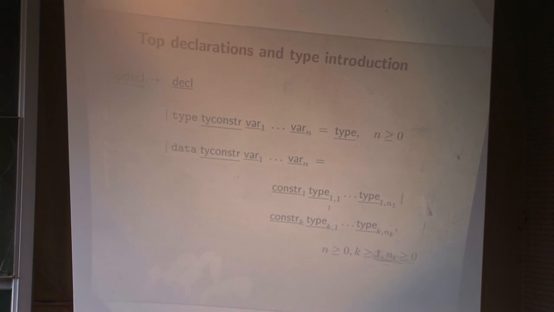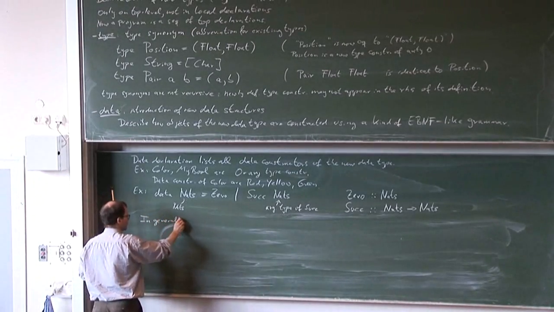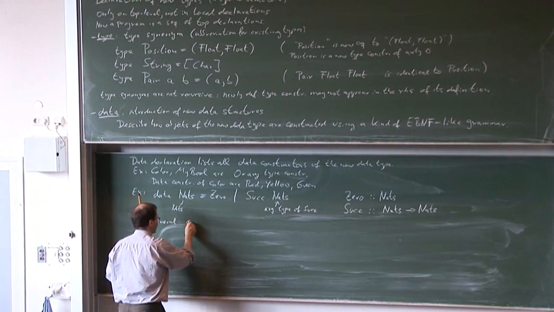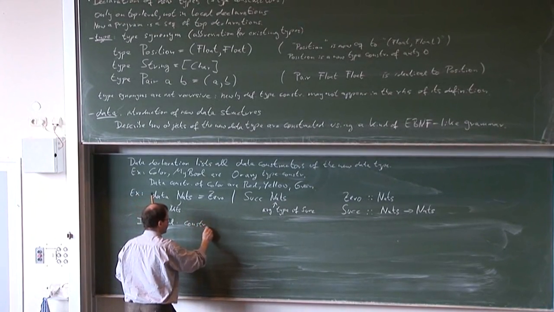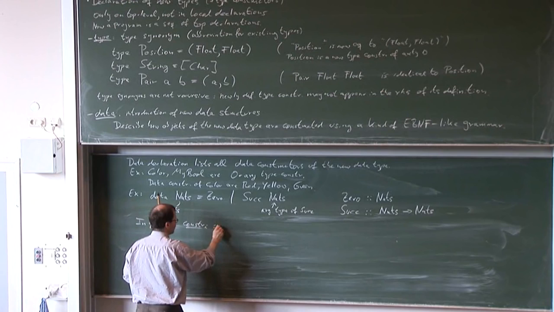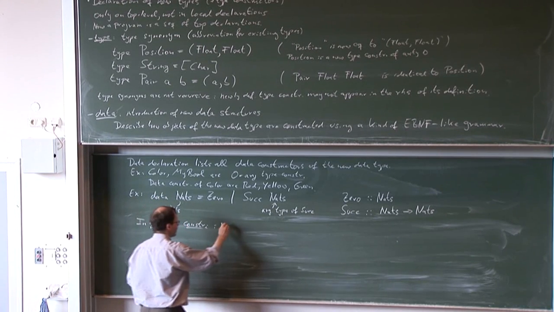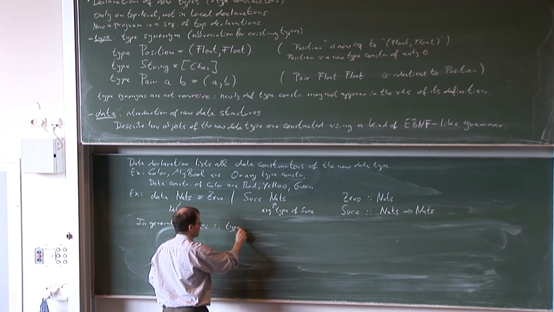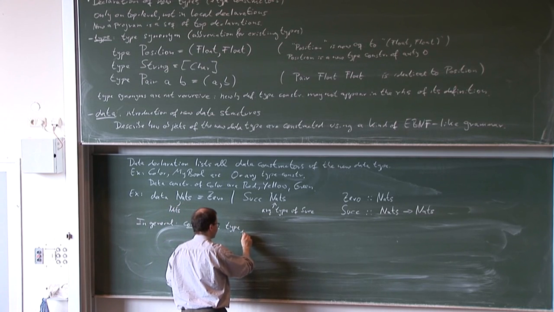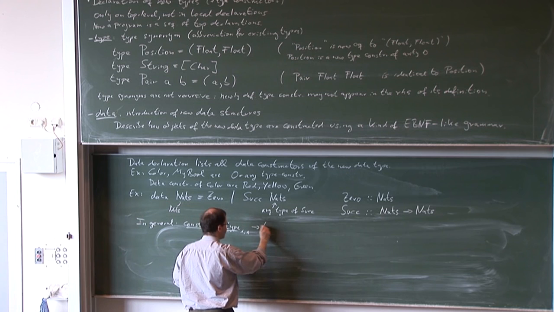So, in general, this would mean constructor i is a new data constructor which has the following type. It takes ni arguments. The first one is of type ti,1. The second one is of type ti,2.